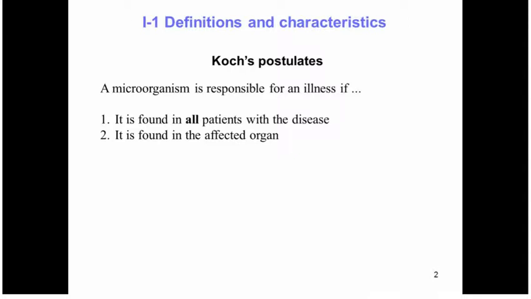Now you might think that that's pretty much all you need to do. If your microbe is present in the organ of all people who are sick, it's not present in people who are healthy, that's it. Yeah, case closed, thank you. But no, this is enough to establish a correlation.